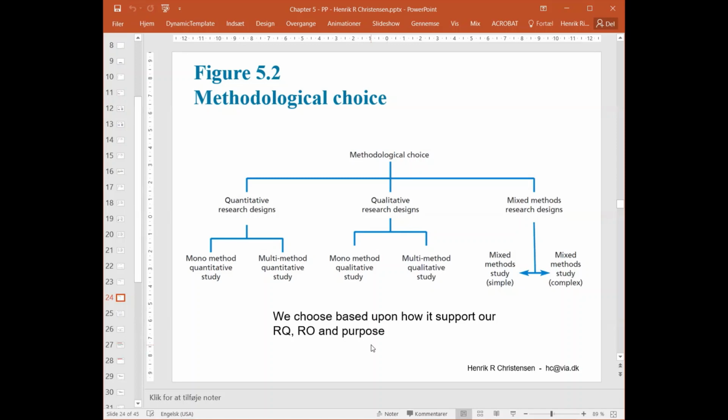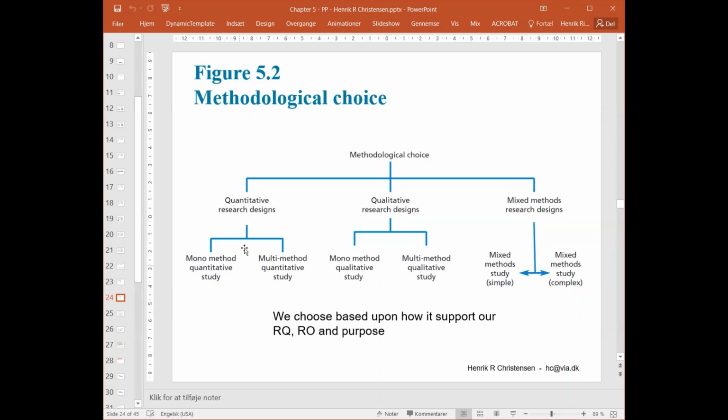So if we have a research question which is very much about counting how many people like Lego, the company in Denmark, then would it make a lot of sense trying to do quantitative research, mono method, saying that we simply do a survey and ask an appropriate number of people, and then we get the proportion in the Danish population who actually like Lego? Would that fulfill our task? And we say, yeah, it does.